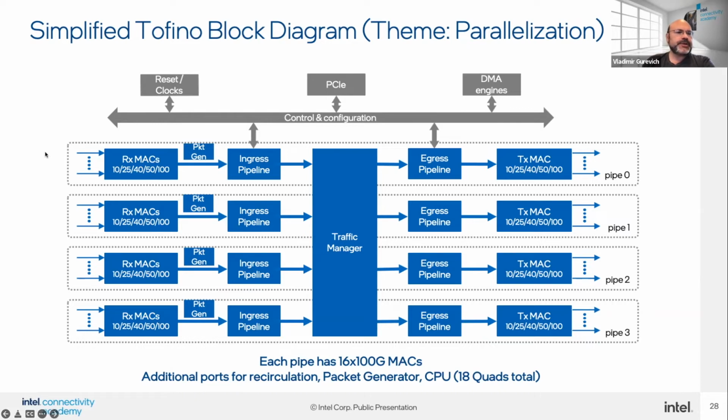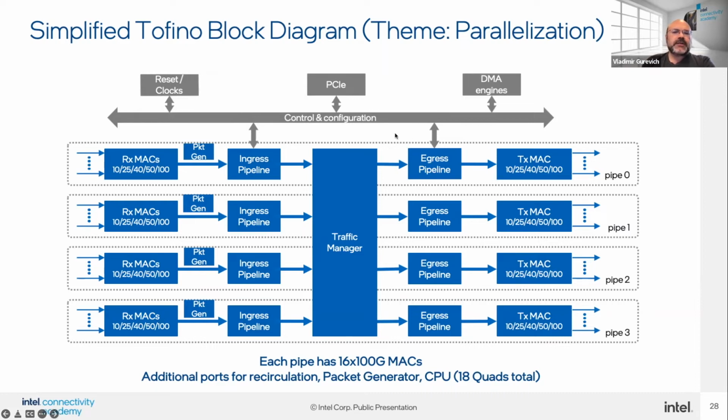So for example, port 0 is wired to pipe 0, and the packet is received and processed in here. And then we have a device called the Traffic Manager, as I mentioned, and that is the place where packets can go from port to port or from pipe to pipe. This device is the most complicated part of the whole chip because it has to be connected to all 4 pipes, and so it has like 4 times the performance of all the other components. That switches the packets, and then they can be processed at the egress.